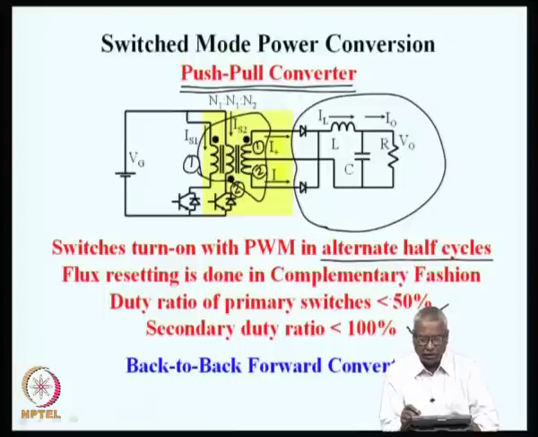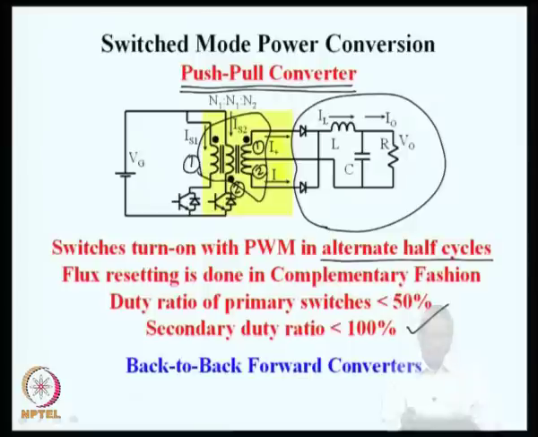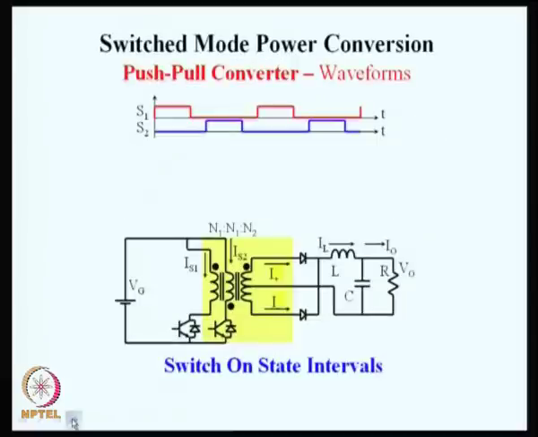The primary switches continue to be at 50%, and these two alternate half cycles make sure that the magnetic core is energized in direction 1 in one half and in direction 2 in the other half, and that ensures that the magnetic core is magnetized in both positive and negative halves. On account of that, we will find that the core is also utilized fully in both directions.